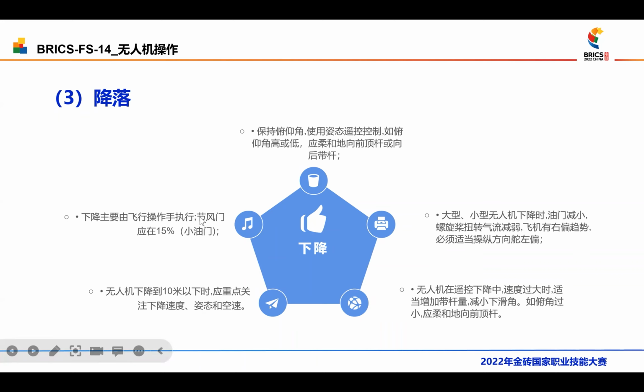The third is the descending. And the descending is mainly performed by the flight operator. The throttle shall be at 15%, small throttle.